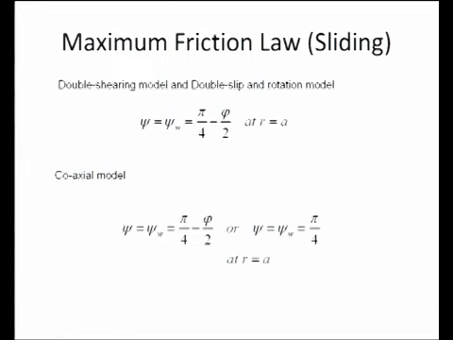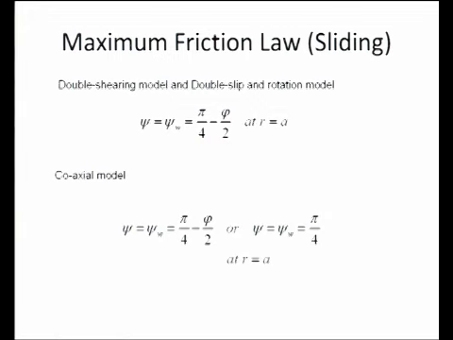In the case of the double shearing and double slip and rotation models, the characteristics for velocity and stress coincide, and therefore the friction law can be formulated in this way. This is the orientation of the characteristic direction, so it should coincide with the friction surface. However, in the case of the coaxial model, characteristics for the velocity and stress do not coincide, and therefore there are two options.